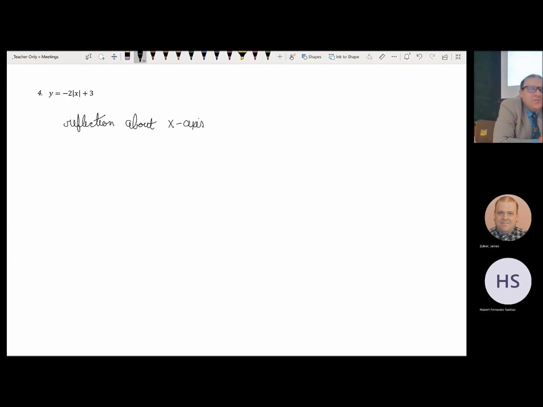That 2 is also telling us something. That 2 tells us we're either going to have a stretch or a compression. So the graph is either being stretched out or compressed. Again, what's being affected? The inputs or the outputs? The output.